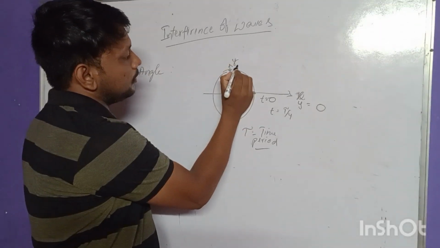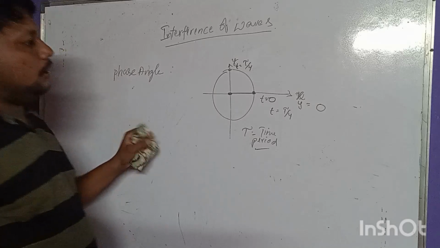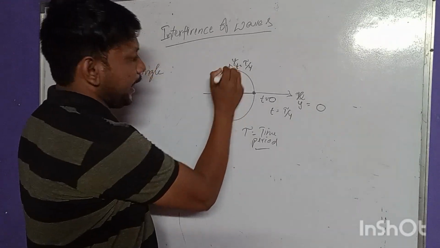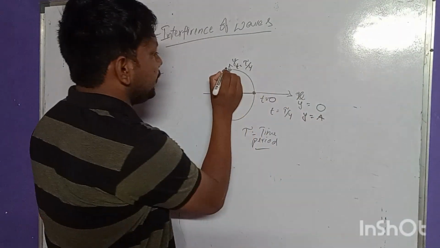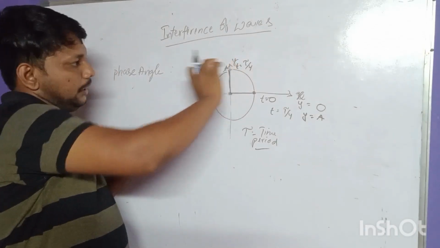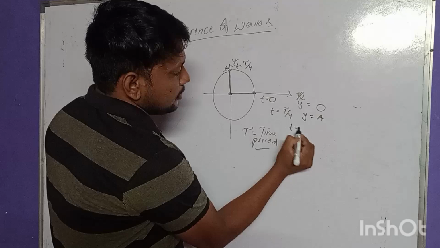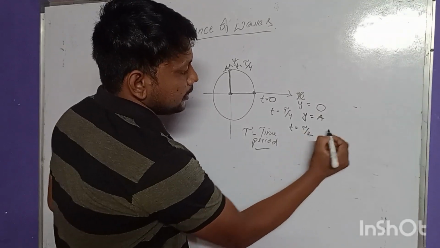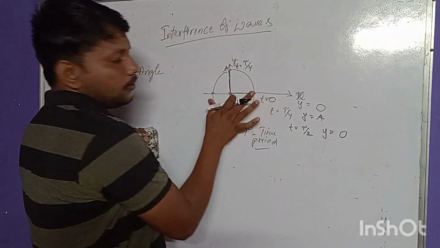Then the projection on the y axis, the length of this projection is a, maximum length is a. At t is equal to τ/2, half of the time period, y is equal to 0 here.